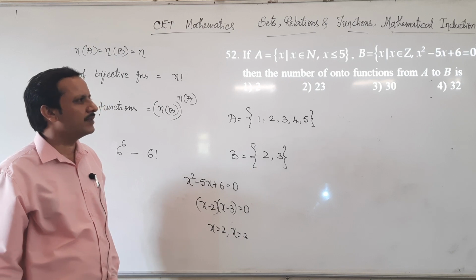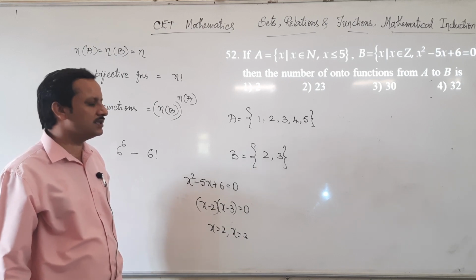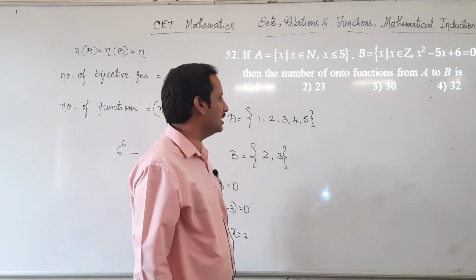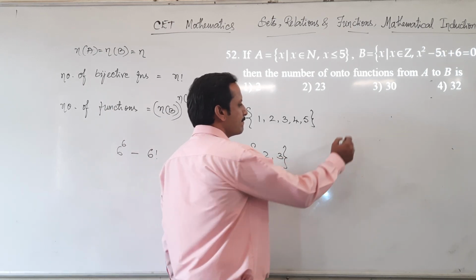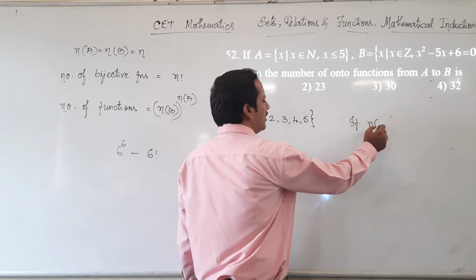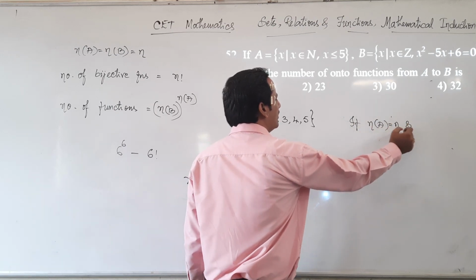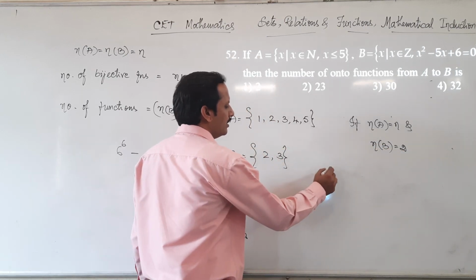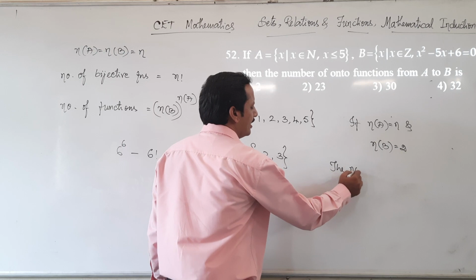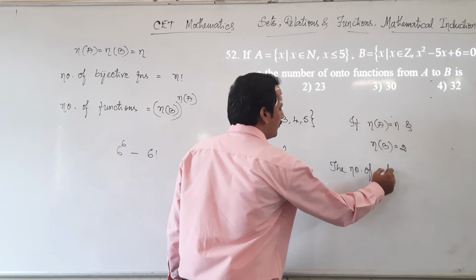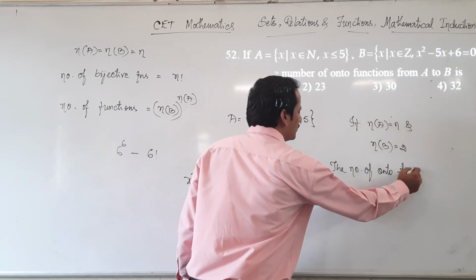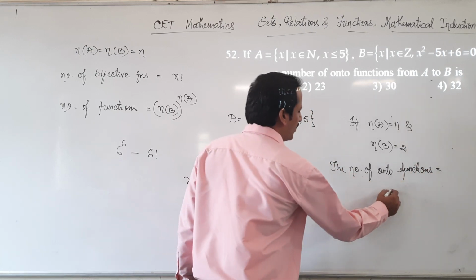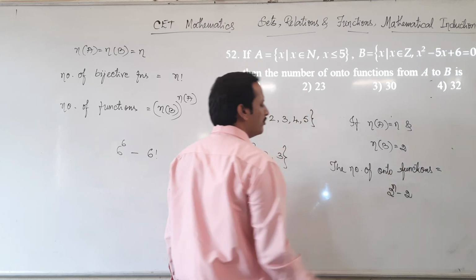Now, the number of onto functions from A to B. Say if n(A) is equal to n and n(B) is equal to 2, then the number of onto functions is, we have the formula, 2 to the power n minus 2.